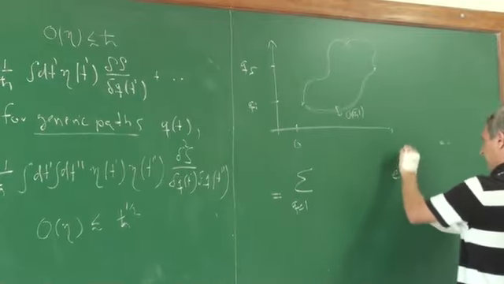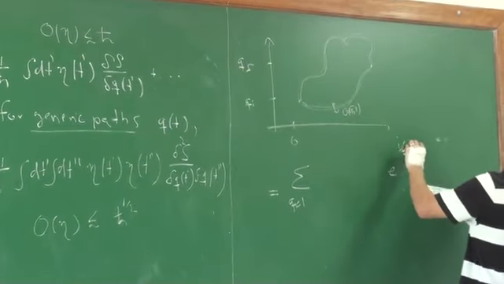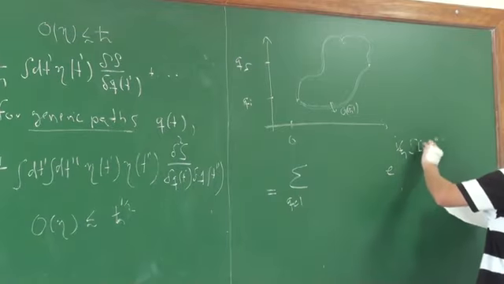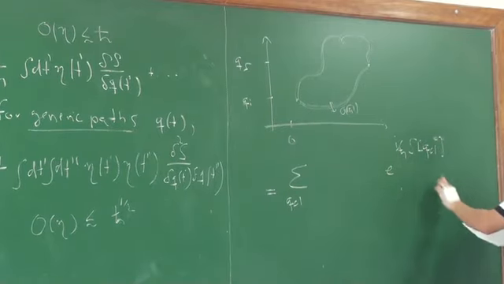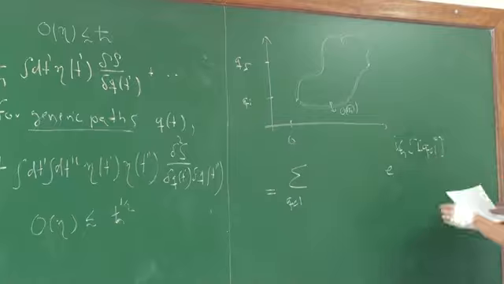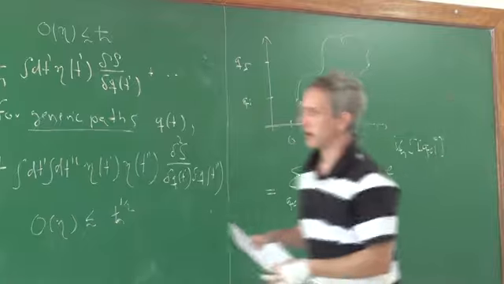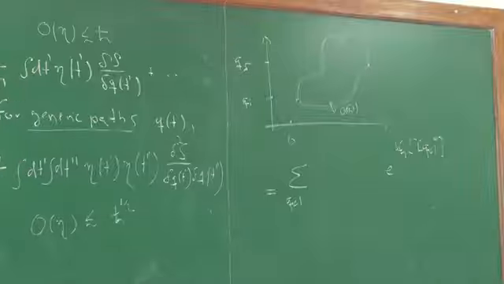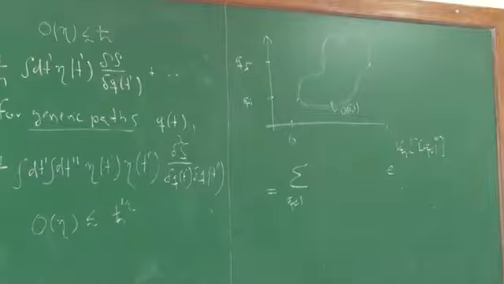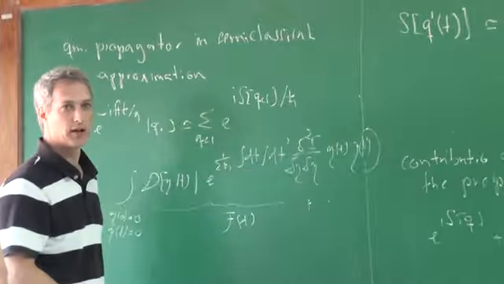So what we arrive at, we can write this thing. This is the sum of a classical path weighted with a phase factor, which is the classical action, and then we have a contribution which is from the fluctuation determinant.